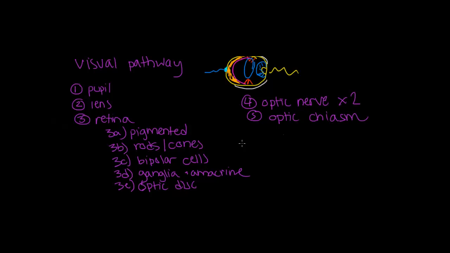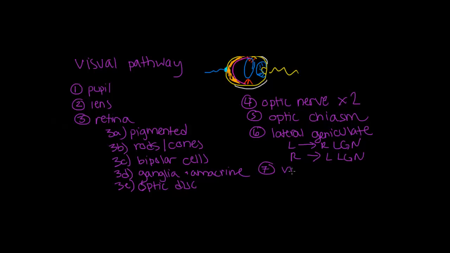The information for each field is transferred at this point and carries down its respective optic nerve to the lateral geniculate nuclei. The left eye goes to the right lateral geniculate nuclei. The right eye optic nerve goes to the left lateral geniculate nuclei. And then finally, all of this information ends up in the visual cortex.